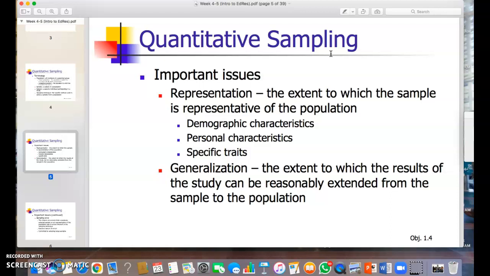For specific traits, for example, you're going to conduct research related to the IQ of the students. And then we have generalization. Generalization is the extent to which the results of the study can be reasonably extended from the sample to the population.